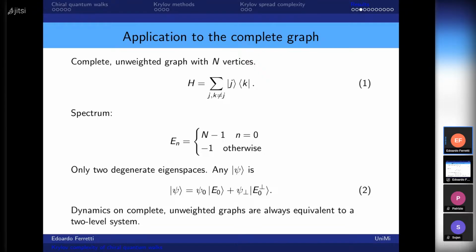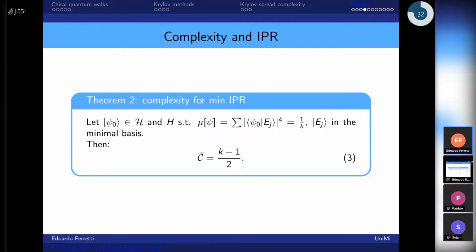So, of course, the Krylov subspace and therefore the dynamics unfolds in a two-dimensional Hilbert space. So the Krylov subspace has dimension 2. This is somewhat trivial if you think about it, but it was never stated so clearly.